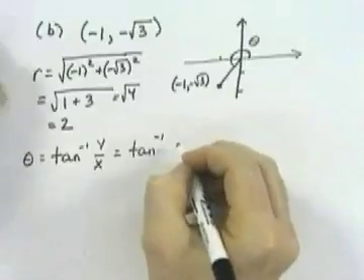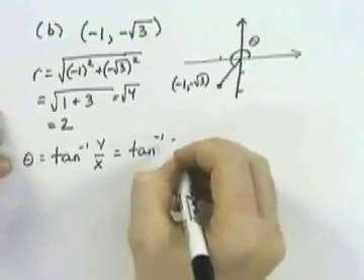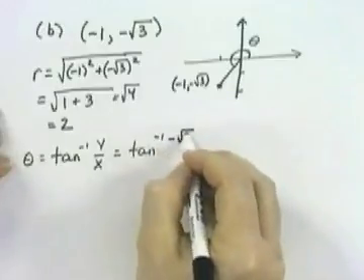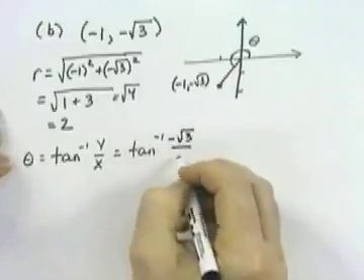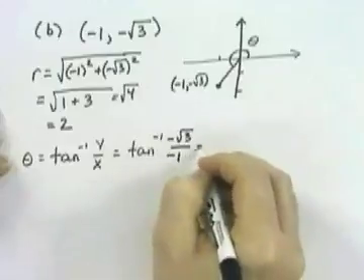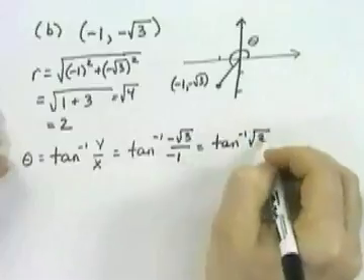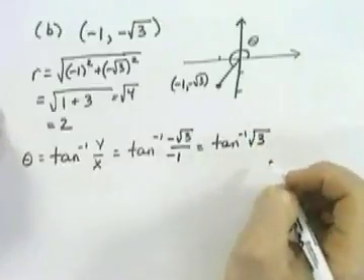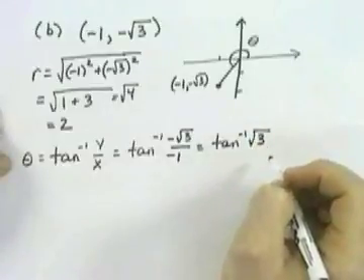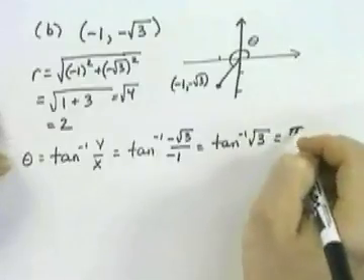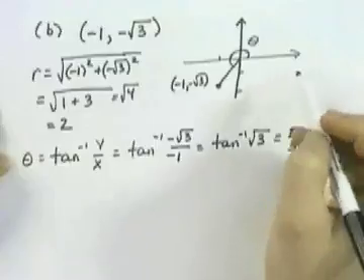Let's first compute the value of theta using the inverse tangent. That's the inverse tangent of -√3 over -1, so the inverse tangent of √3. What angle has as its tangent √3? The angle is π/3.